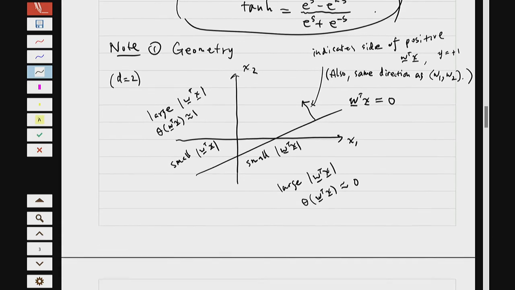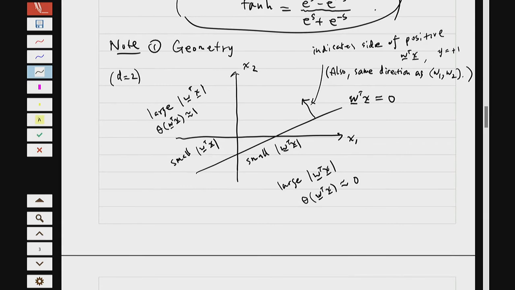Does this make sense, that far away from the line, this one is roughly 0, the other one is 1? Remember, this theta is our guess, our hypothesis for the probability that the label should be plus. So if it's large, when we're far away from the line, we say it's more likely to be a plus above. When it's below, we know that this side is supposed to be the negative side.